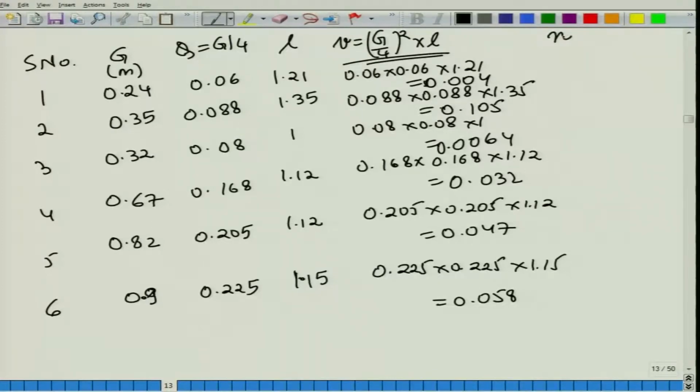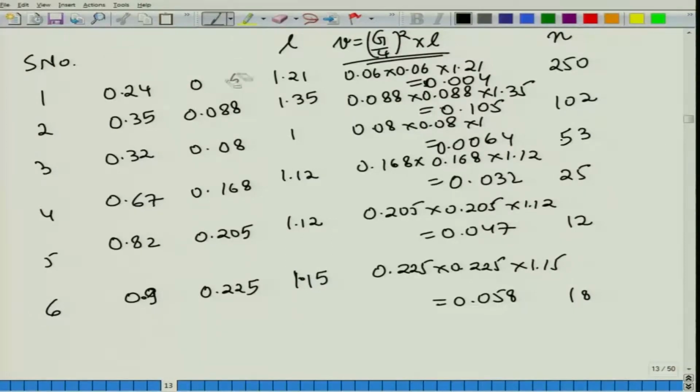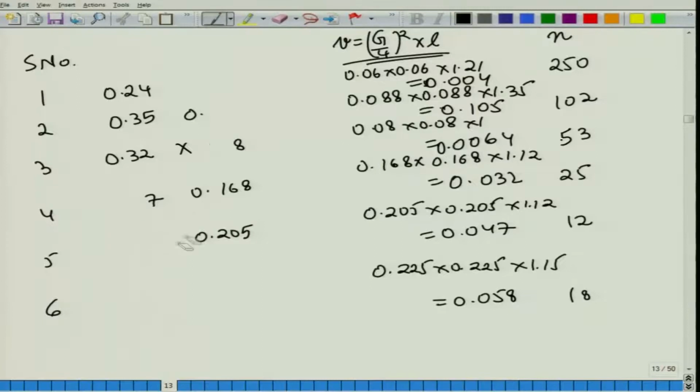Now, the number of logs is also given. So, that is 250, 102, then we have 53, then we have 25, then we have 12, then we have 18. So, now let us remove this first part, and we have already computed v and n.